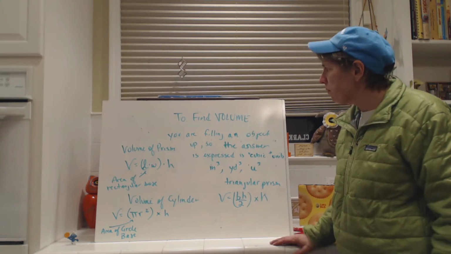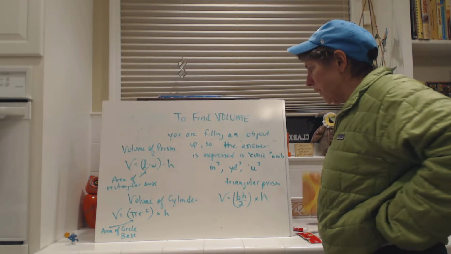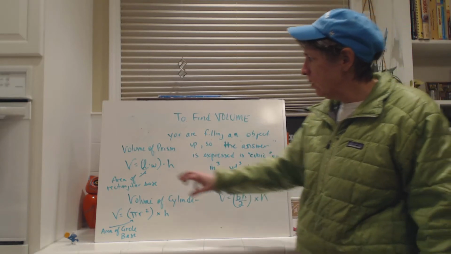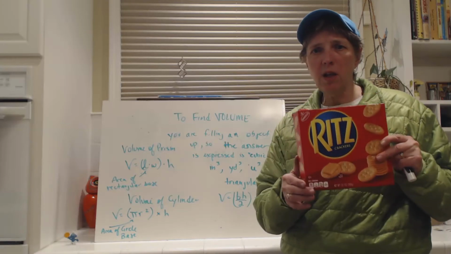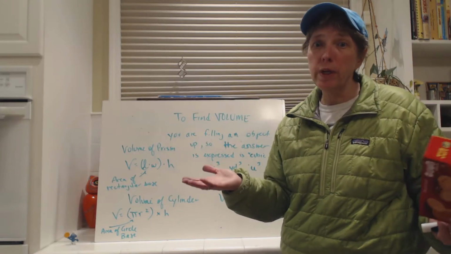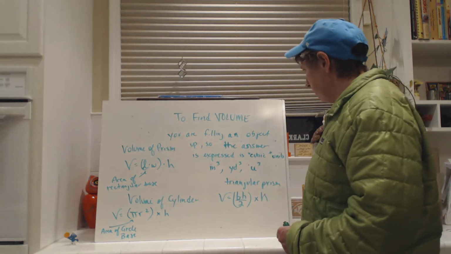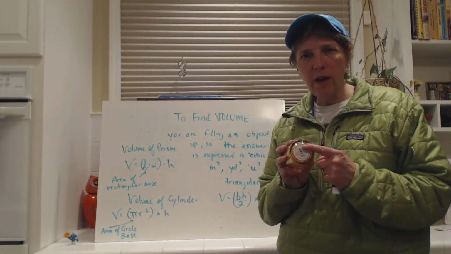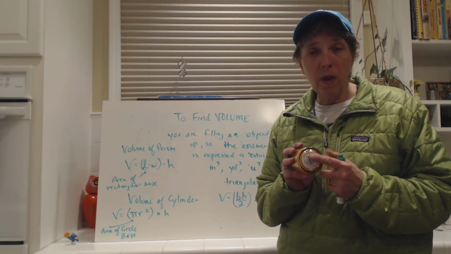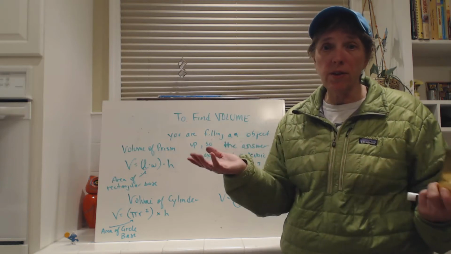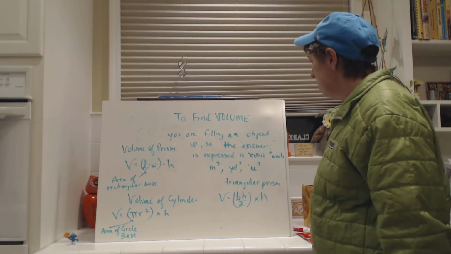They're cubes. So for the volume of this rectangular box, the base is length times width to get the area of the base, and you multiply it by the height. There's 3 numbers. For the volume of the cylinder, you take the area of the circle, pi r squared, and you multiply it by the height of the cylinder, and you have how much volume it has and how much it'll hold.